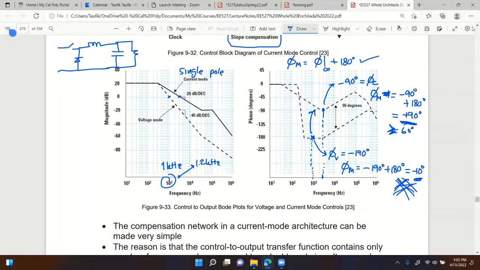Because in current mode, remember, we use VC to limit the inductor current. The effect of that is at steady state, and these both are steady state Bode plots, if your VC is already constant, then the average inductor current will also be constant.